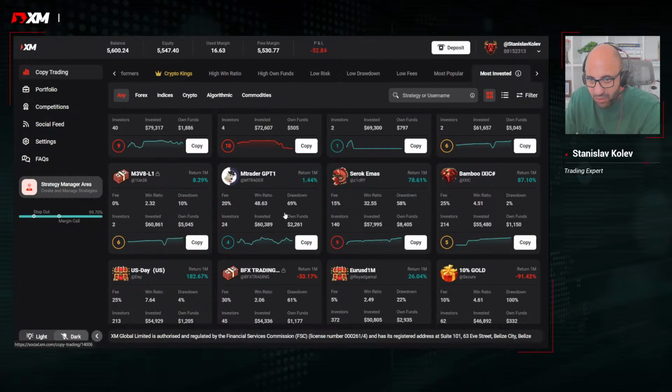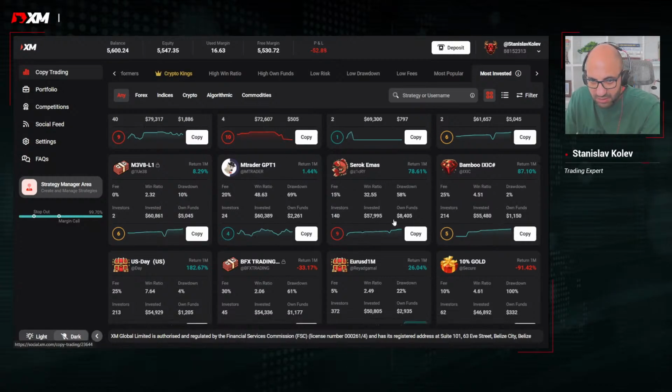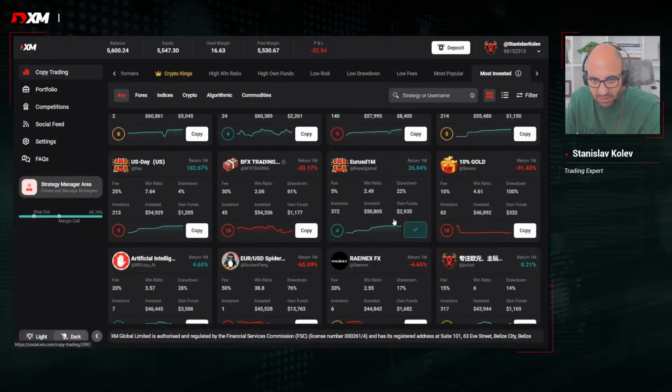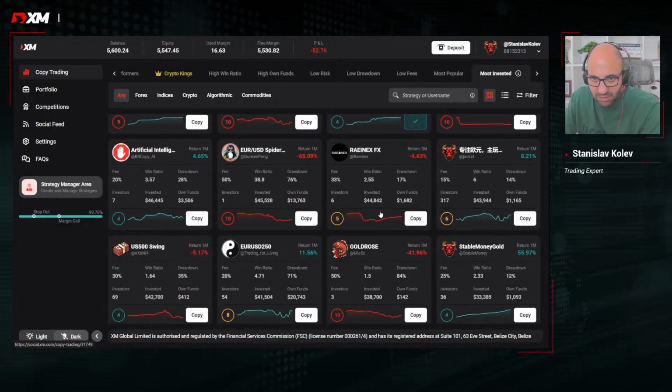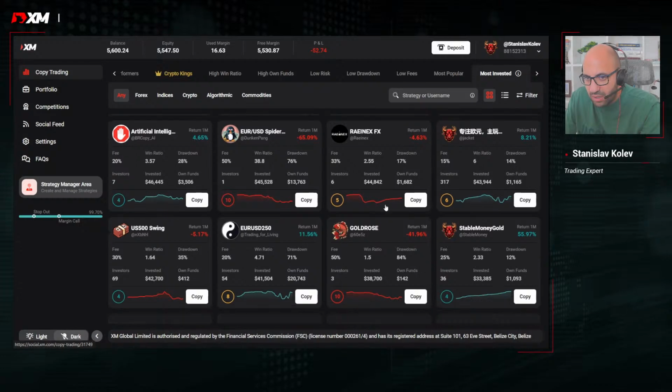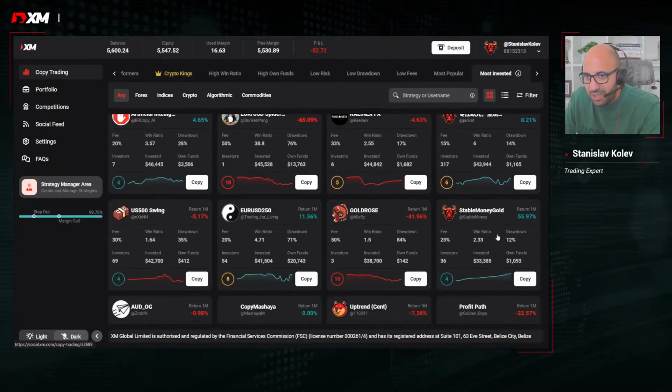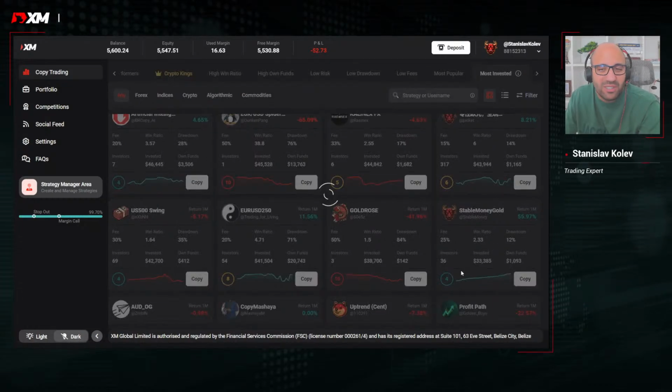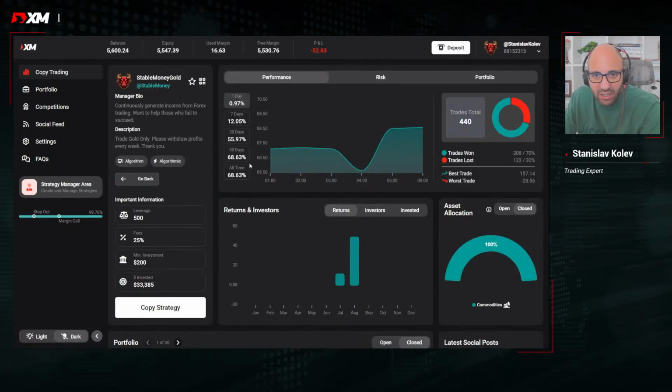MTrader GPT-1. Stable money gold, 12% drawdown. Let's click on this guy. It's 4%, 4 risk factor.